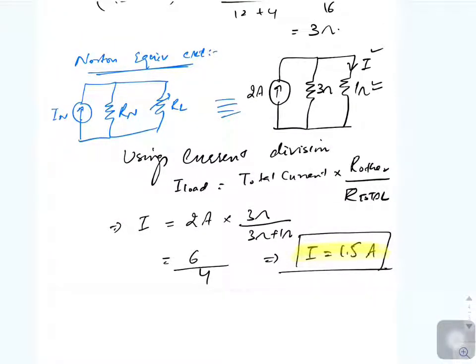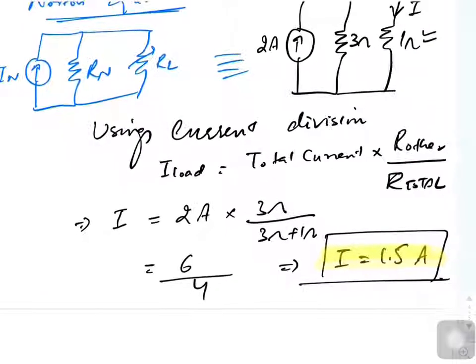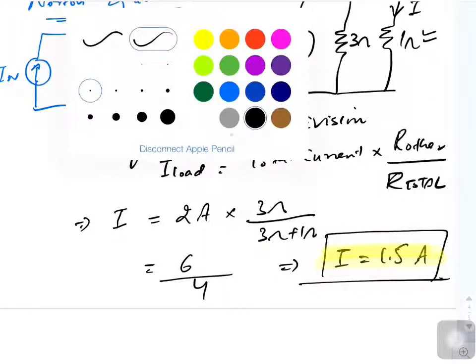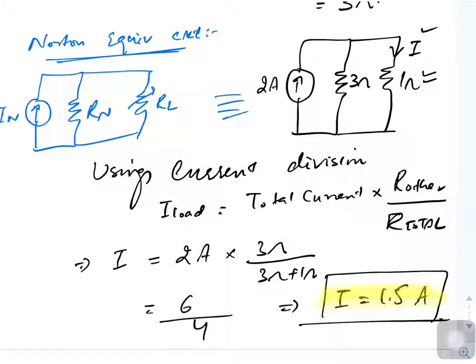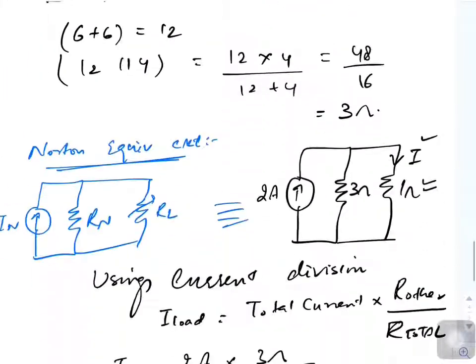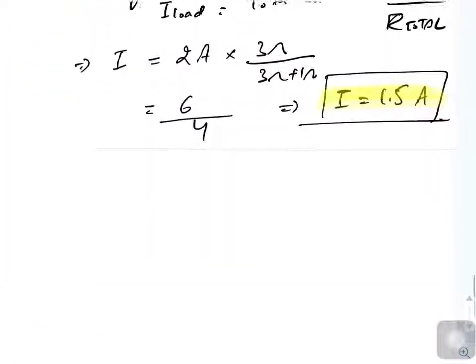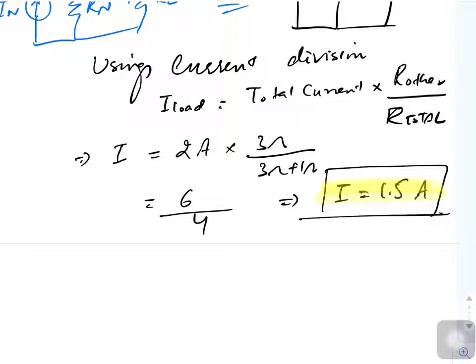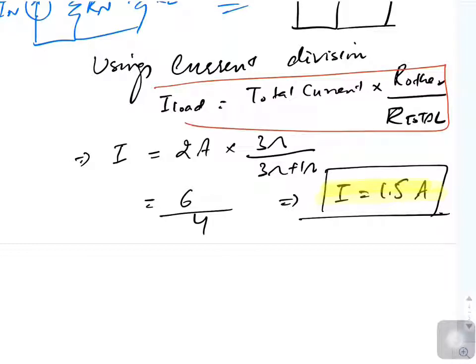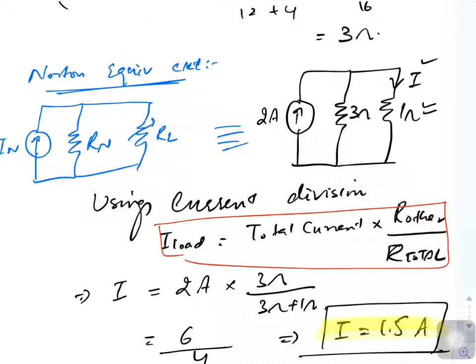And again you see the significance of this equation. Suppose your load becomes variable. Instead of 1 ohm, you are changing your load to different values. Suppose it might be 10 ohm, it might be 50 ohm, it might be 70 ohm, it can be anything. So what is the only change we have to make in the general diagram of the Thevenin equivalent?